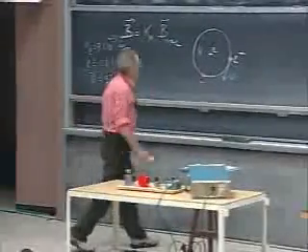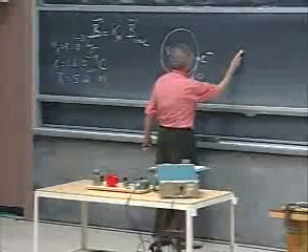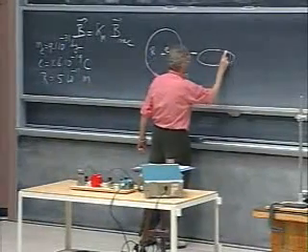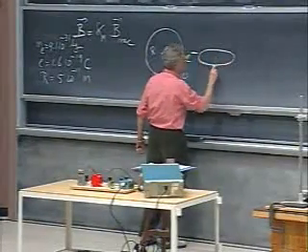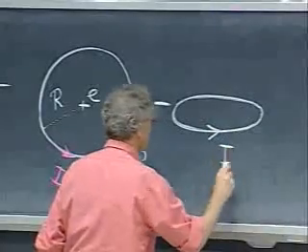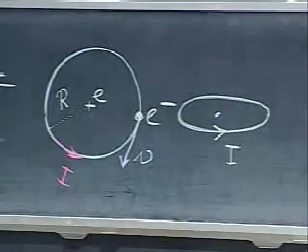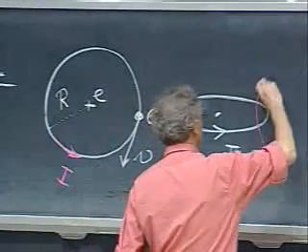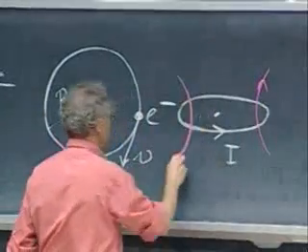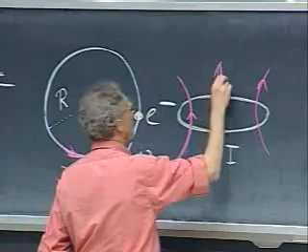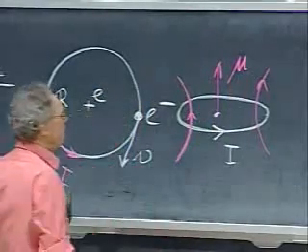If you look at this current running around the proton, say the current goes in this direction, and here is that proton, trying to make you see it three-dimensionally, then it creates a magnetic field in this direction, and so the magnetic dipole moment mu is up.